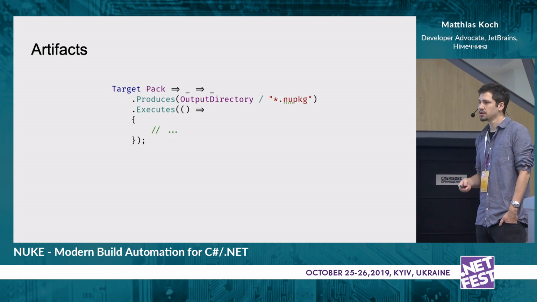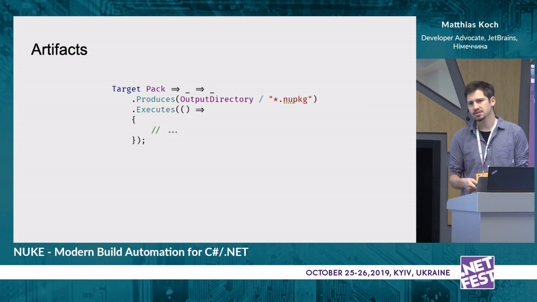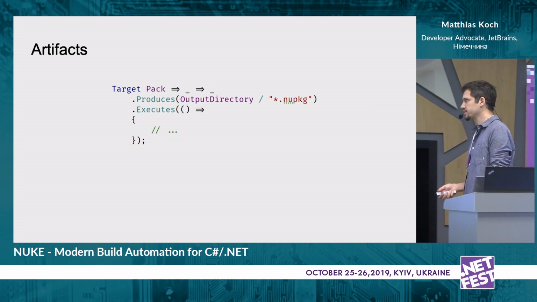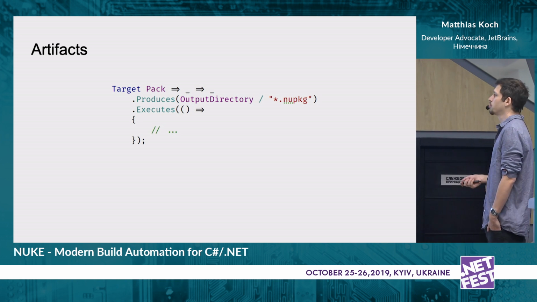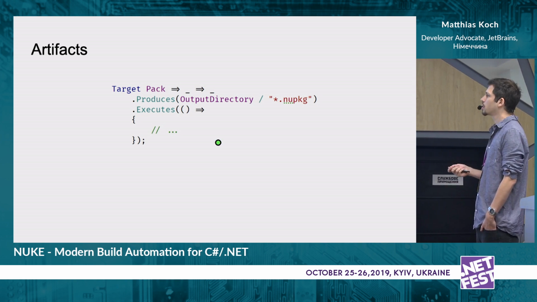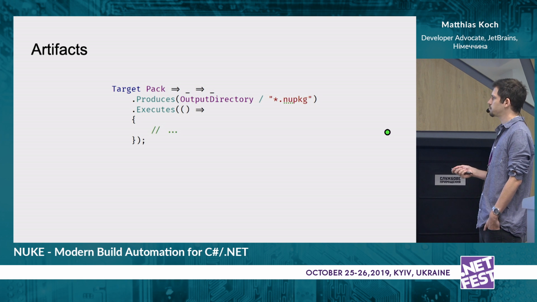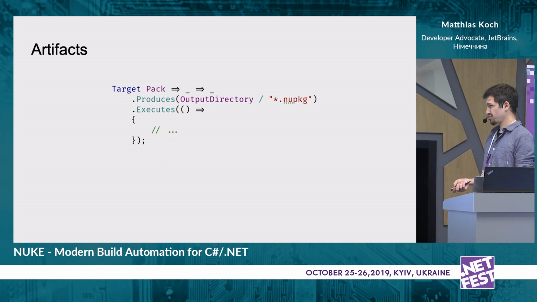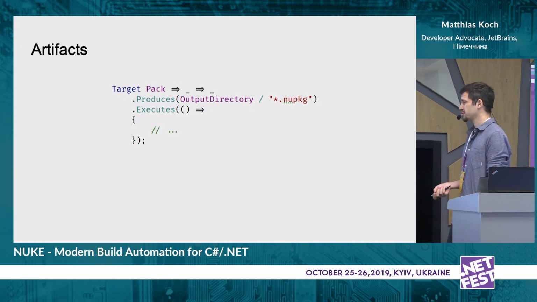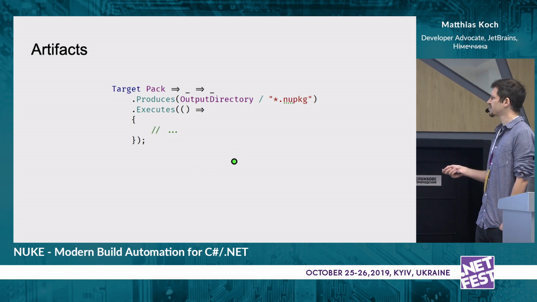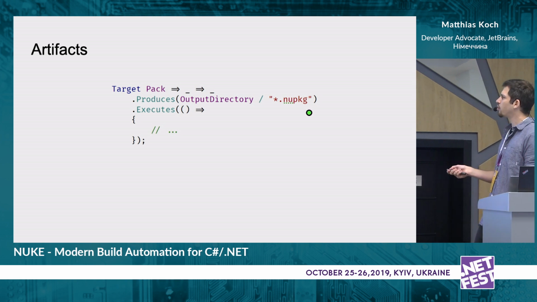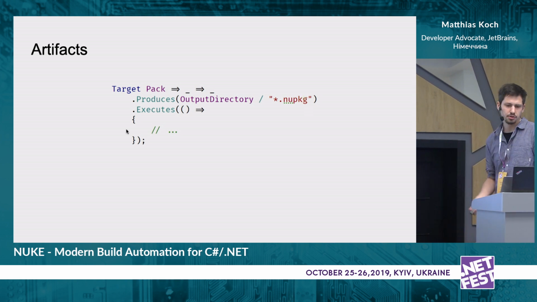For instance, on CI systems, you usually want to publish artifacts through the web interface. For that, we would just need to call the producers and pass along this, I never know how to properly call it, this wildcard matching, and there are some different names, but basically all the NUKE packages from the output directory.